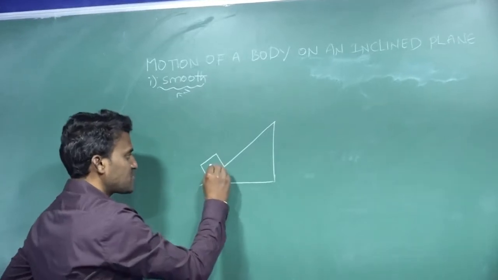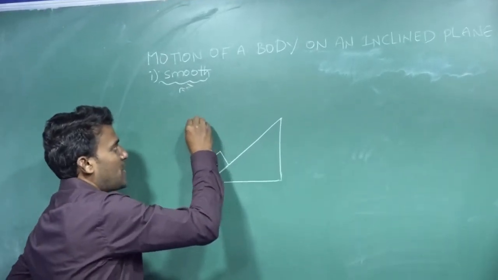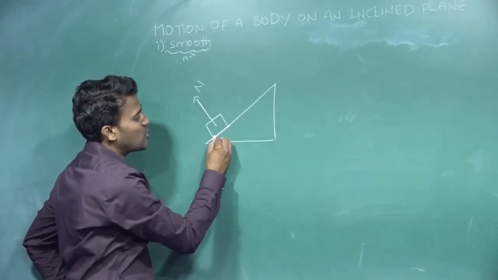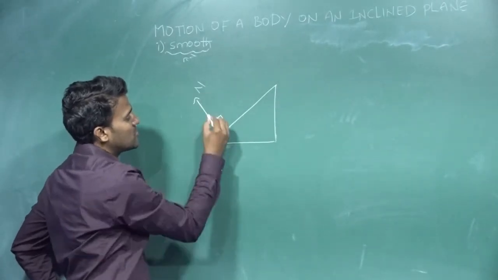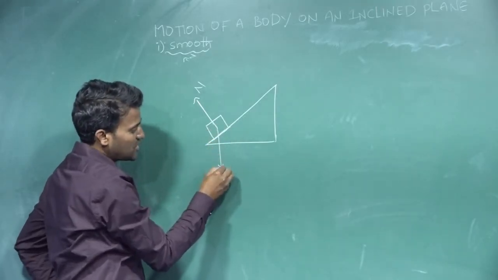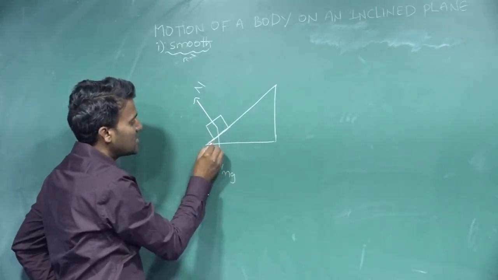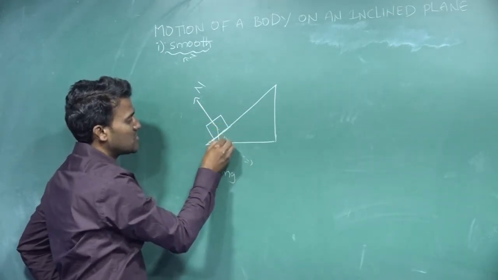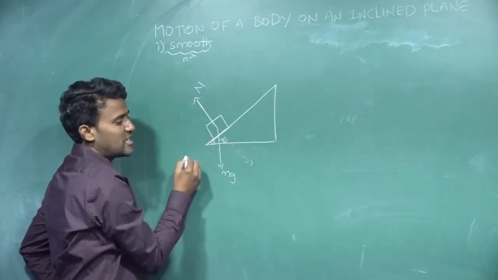Same as before. Normal force is always perpendicular to the plane of contact, so normal force acts perpendicular to the plane. The weight of the object is in the downward direction. This angle is theta, and these two angles are the same.